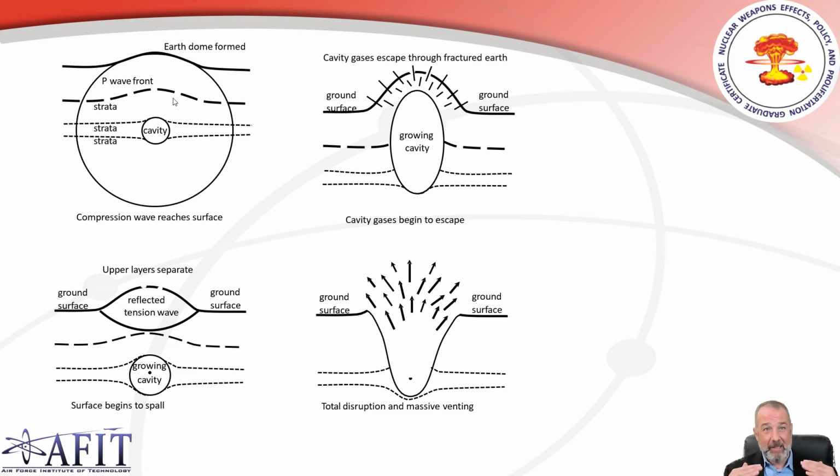Now, as this happens, we're transmitting that primary wave up, okay? So we have the ground moving up, right? But then what we end up having is an area of low pressure, right? Because we just pushed all the air out of the way, which is going to create a downward traveling wave. But it's not a pressure wave. It's something called a tension wave. Just trust me, they're different. So we have our outward moving pressure wave that's now in the atmosphere, but we also have a downward moving tension wave.